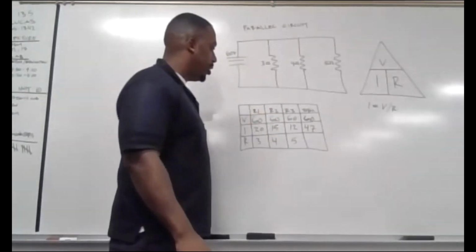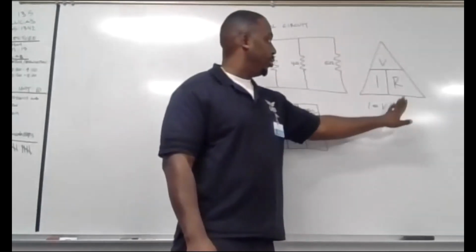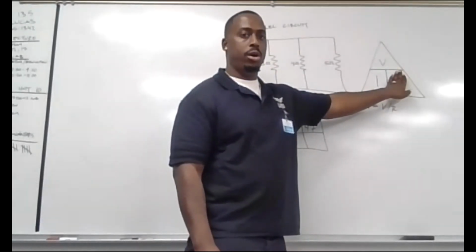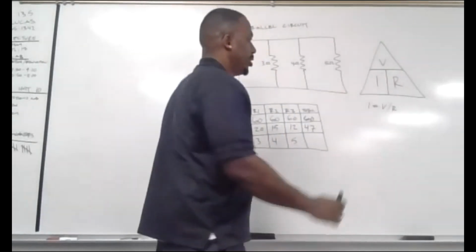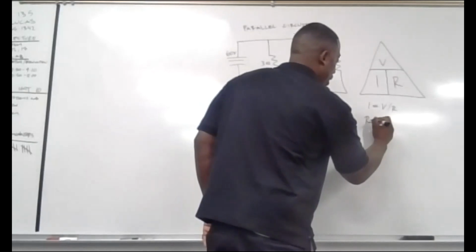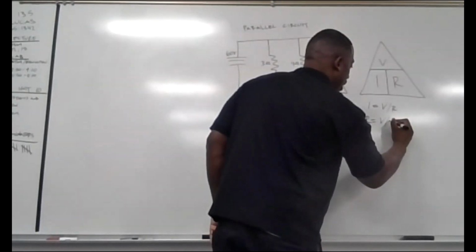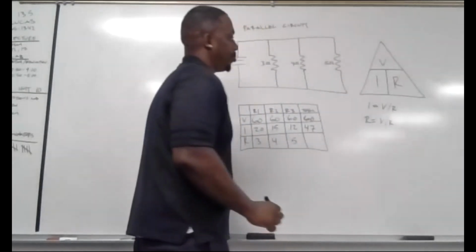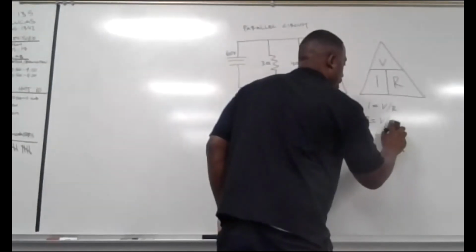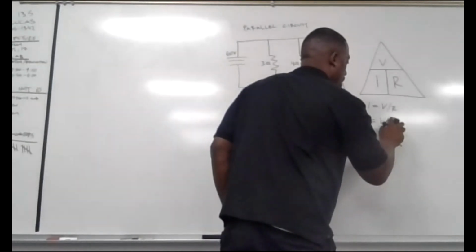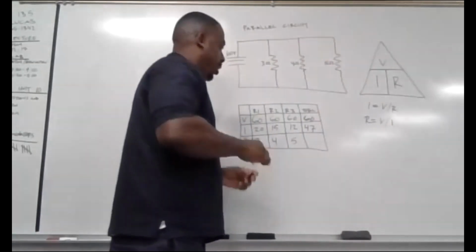What we're going to do here is we're trying to solve for R. So we're going to cover up R, and that leaves us what? That leaves us with a V over an I. So that means R equals voltage divided by amperage.